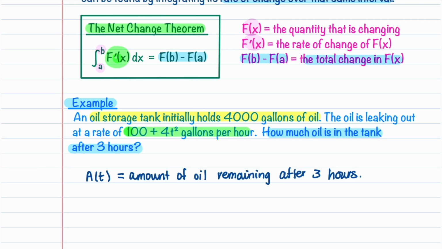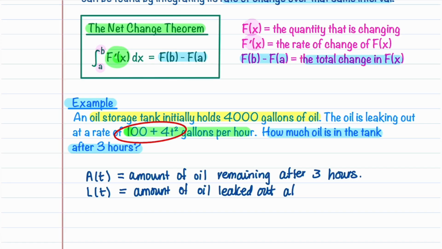We need to assign another variable to the amount that is leaking out because we're given a rate of change of what is leaking out. Let's let capital L of t be the amount of oil leaked out after 3 hours.